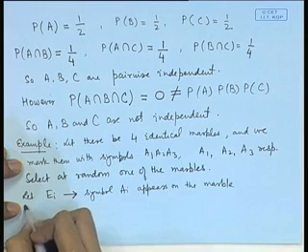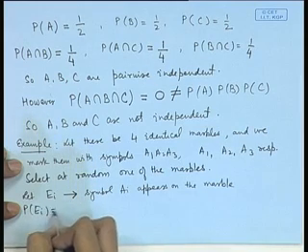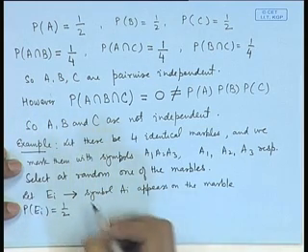Let us look at probability of Ei. It will be half for all i's.